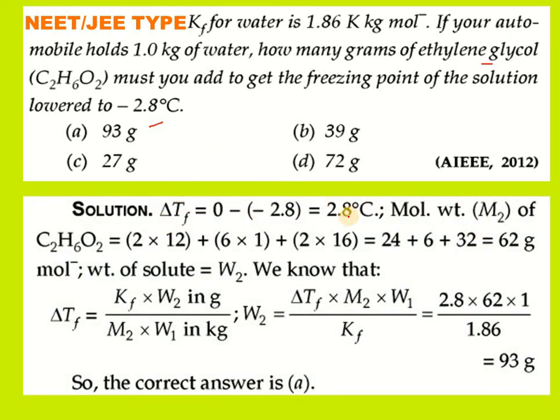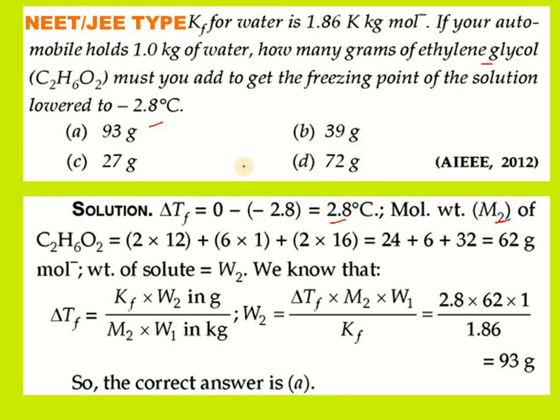ΔTf is given as 2.8 degrees Celsius. Why? Because they have given the freezing point value as minus 2.8. The ΔTf formula is Tf°, the freezing point of the solvent, minus the freezing point of the solution. So we got 2.8 degrees Celsius.